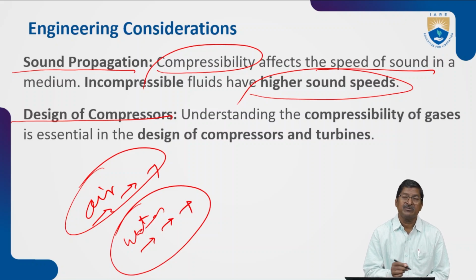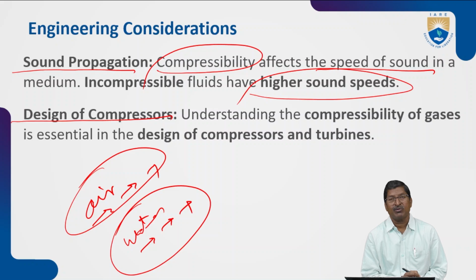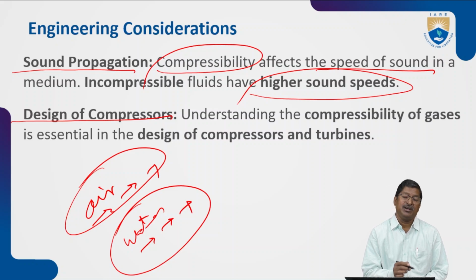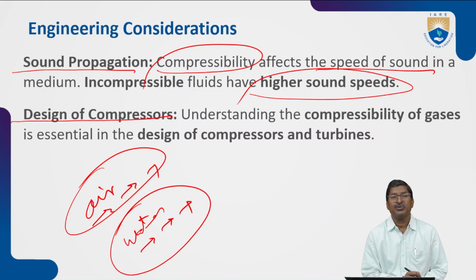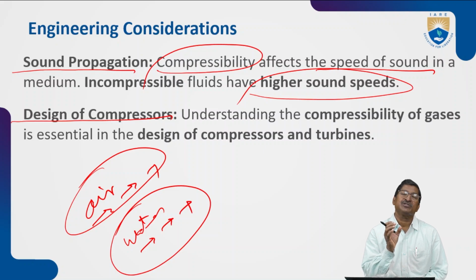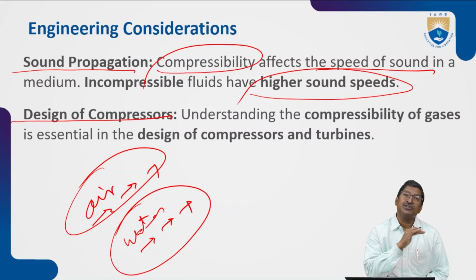So there will be maximum sound speed in incompressible fluids like water, and sound speed is less in air because it is a compressible fluid. Air molecules can come closer, so the sound speed is less in air compared to water.